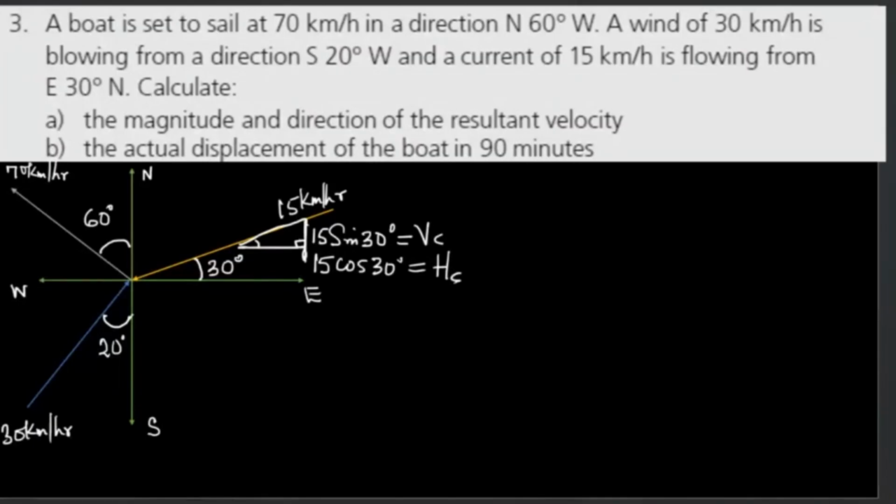Let's come to the one of 30 kilometers per hour. Or you can just do it like this, just to get your components. You can just draw it in this form.